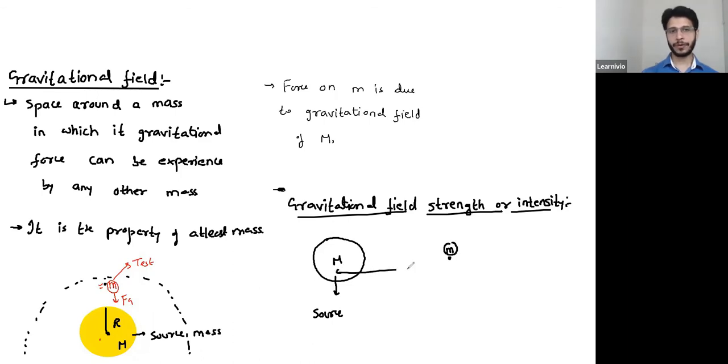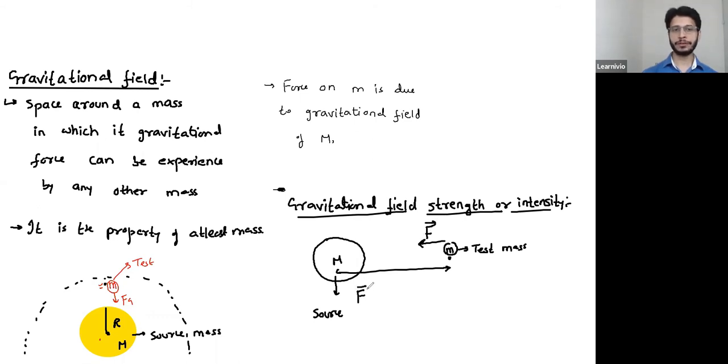The separation between capital M and small m is something. I have to calculate the field over this point, the field of capital M. So to calculate the field of capital M at this point, I place a test mass. If this test mass is placed in the field of capital M, then this test mass will definitely experience some force.